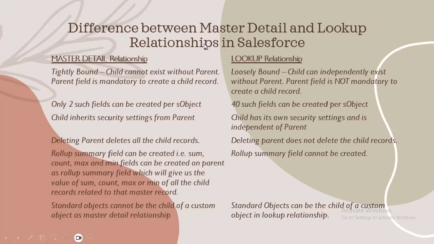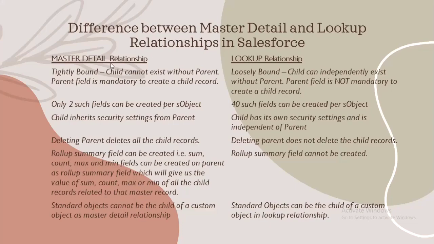And in lookup relationship, child has its own security setting independent of the parent. So let's say the child is having a private security setting and the parent can have a public security setting. But in master detail relationship, if the parent is private, then child will also be private. Only the record owners will see the record. We will again discuss more about the security setting in the upcoming videos.